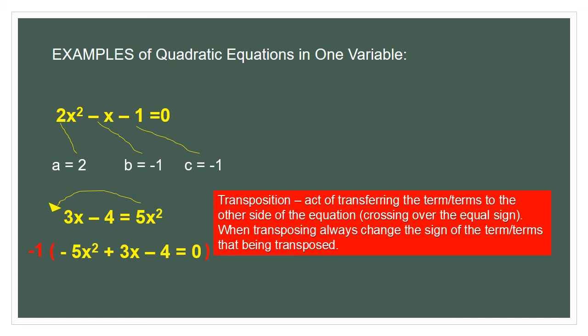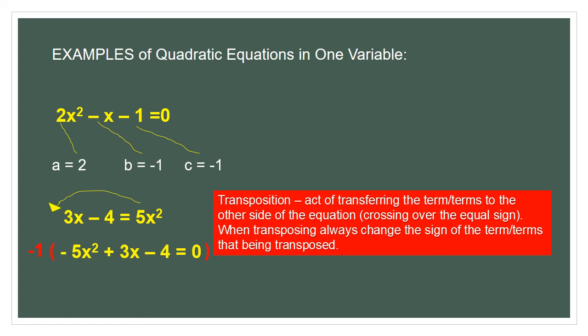So, ngayon, negative 1 times negative 5x squared is equal to 5x squared. Negative 1 times positive 3x is equal to negative 3x. Negative 1 times negative 4 is equal to positive 4. Then, negative 1 times 0 and it is equal to 0.